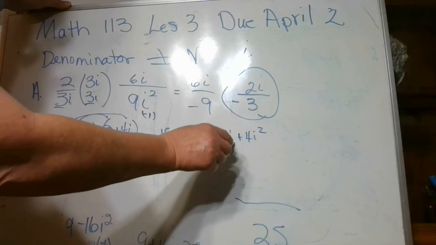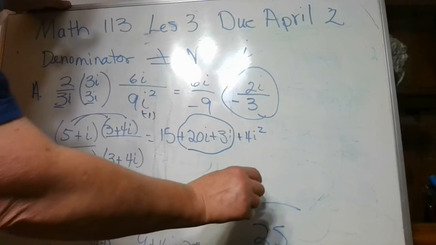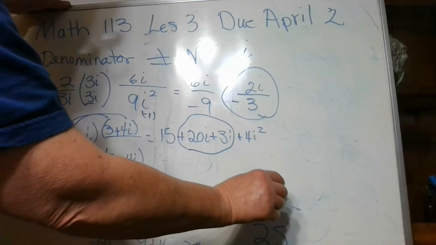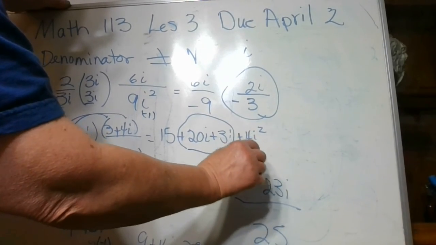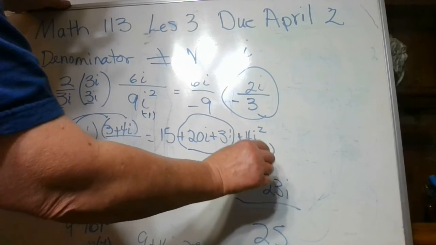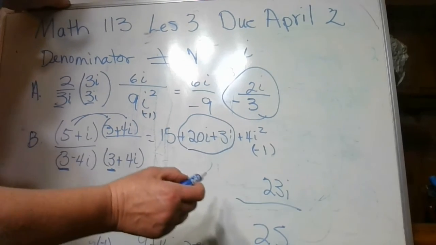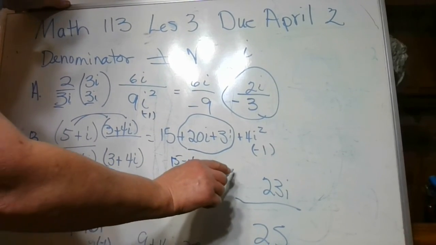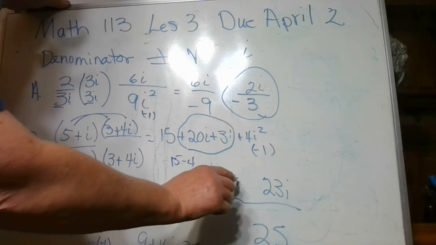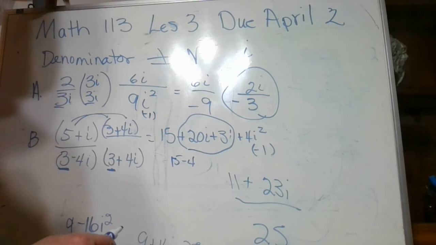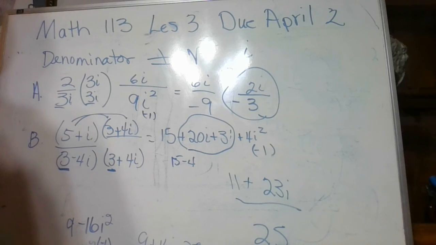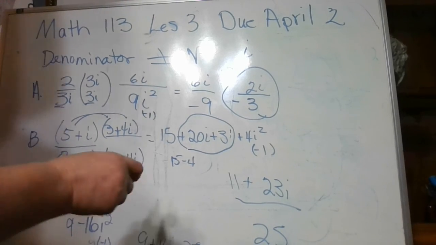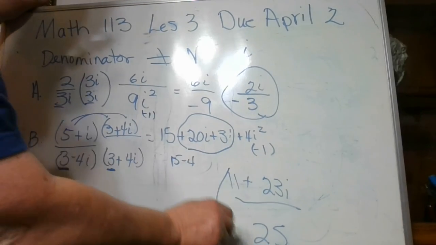We can combine these two. Let's do that. Put it down here, 23i. I squared is what? Yes, negative 1. Negative 1 times 4 is negative 4. So 15 subtract 4 is 11 plus 23i over 25. And that is your answer.